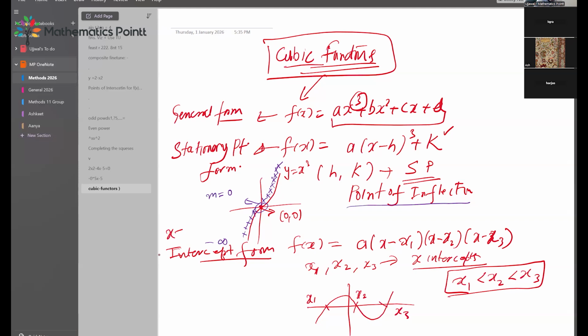Now, a here in the first form, the second form, and the third form is the dilation factor. It tells me how broad or how narrow my graph is going to be. The mouth of my graph. a is the dilation factor.